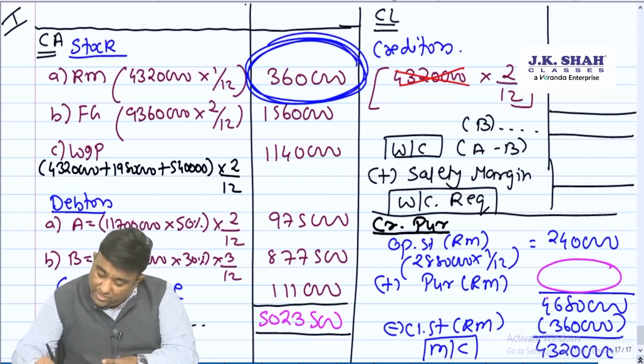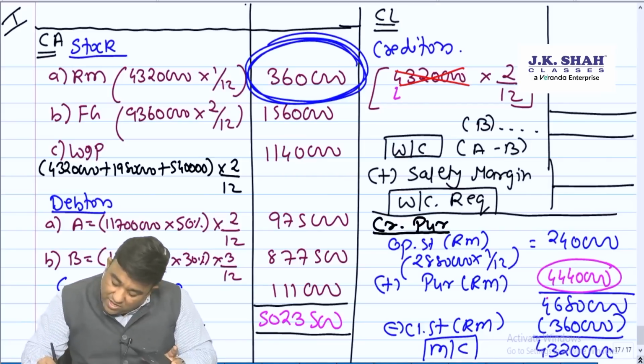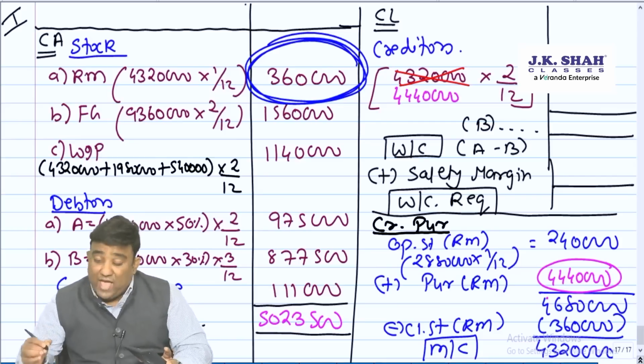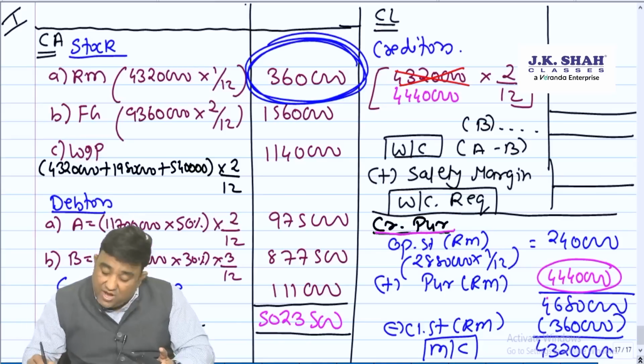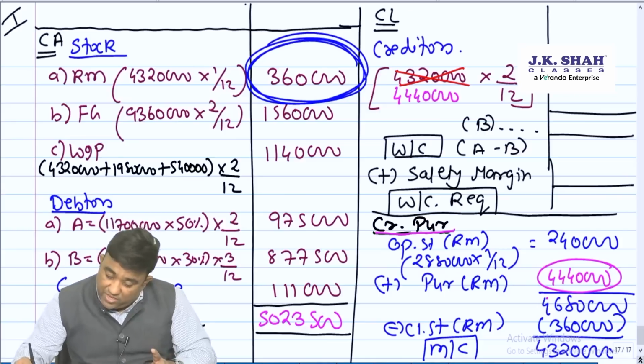So purchase is gonna be 44 lakh 40,000, and here creditors will be computed on 44 lakh 40,000. Very classic student, very amazing, 7 lakh 40,000.